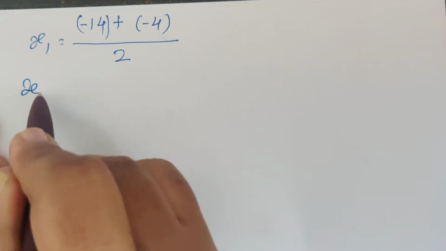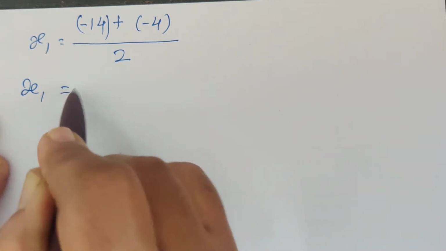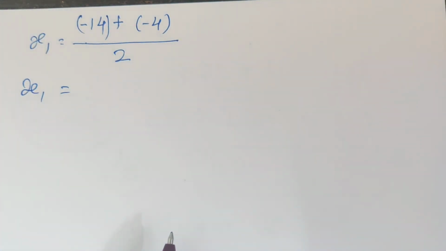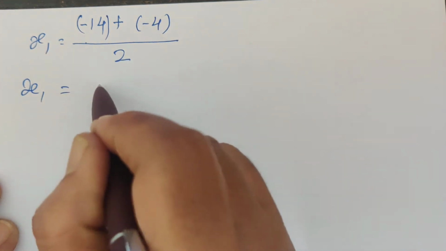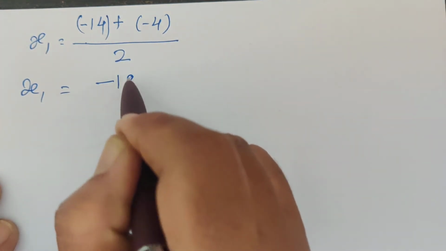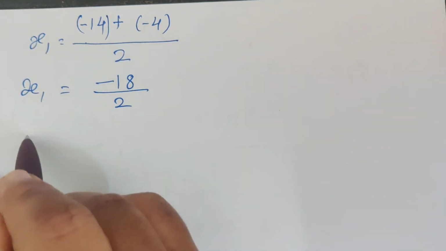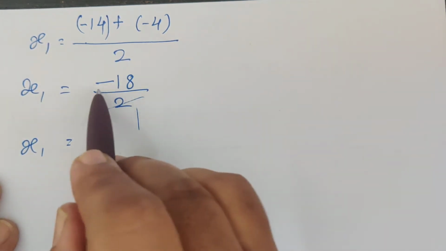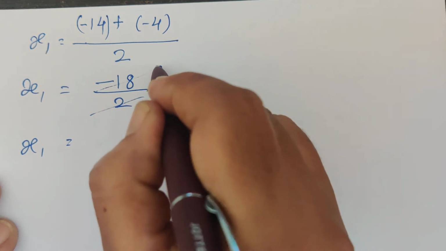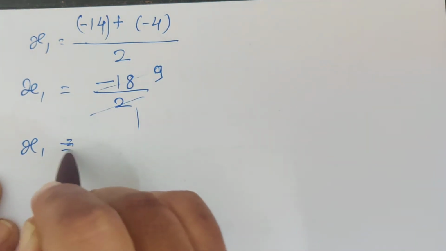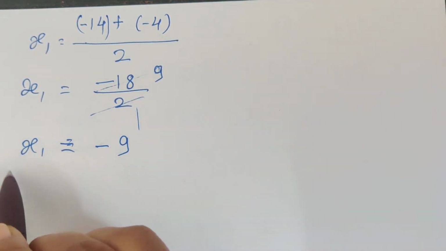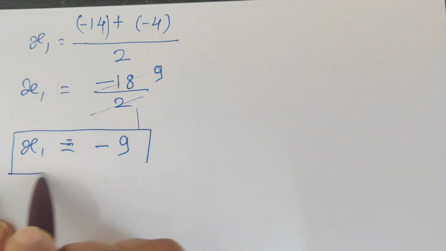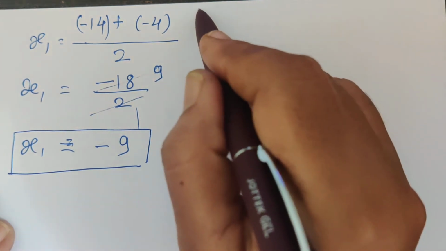So you will get x1 is equal to minus 18 divided by 2, since 14 plus 4 is 18. So you will get x1 is equal to minus 9, since 2 nines are 18. So the first coordinate of the point P is minus 9.